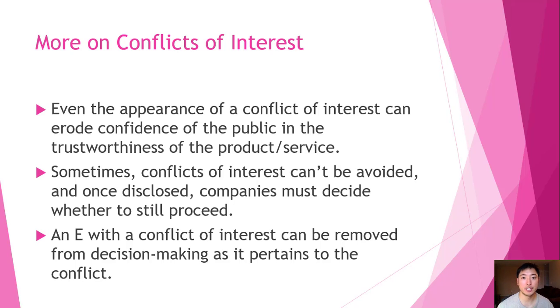For example, if there's a team of engineers that have to make a decision about accepting a particular kind of material from a supplier, and one of those engineers is related to an executive at that supplier's company, then this particular engineer can be removed from the team as far as making that one particular decision in which there is a conflict of interest for that engineer. So this is one way to eliminate the conflict of interest in this particular situation.